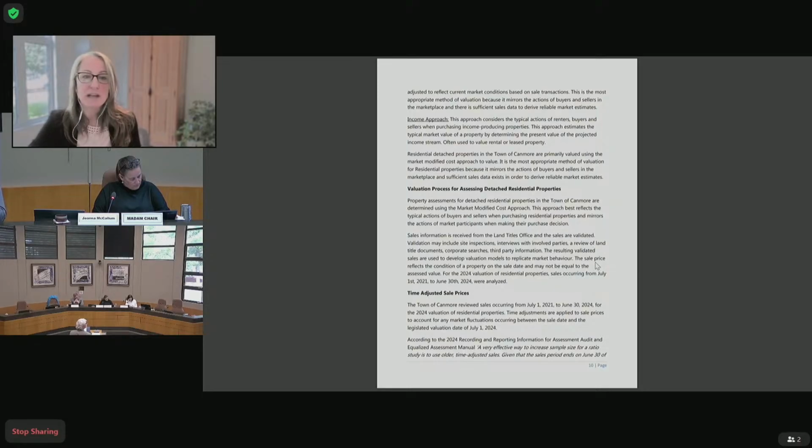We analyzed valid sales from Land Titles Office occurring between July 1st, 2021 to June 30th, 2024, and these were adjusted for time to reflect the July 1st, 2024 valuation date. This provided the basis for developing our valuation model and ultimately deriving the assessment of $1,772,000 for this property.